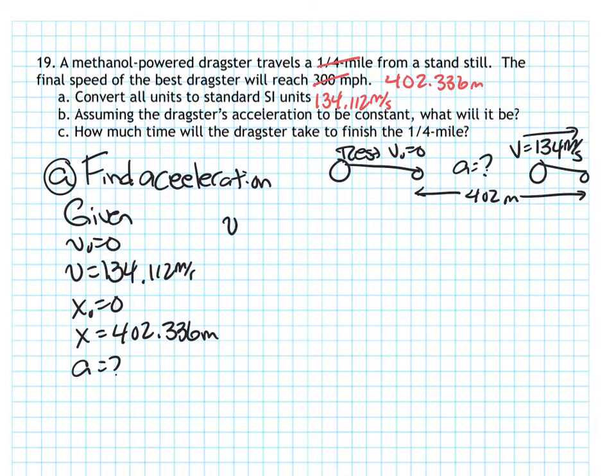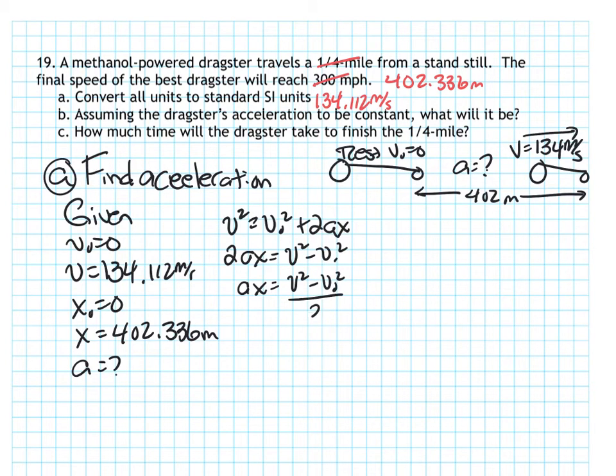So that's going to be v final squared is equal to v naught squared plus 2ax. And I'm looking for a, so I got to isolate my variable. So 2ax is equal to v squared minus v naught squared. So a is equal to v squared minus v naught squared over 2x.